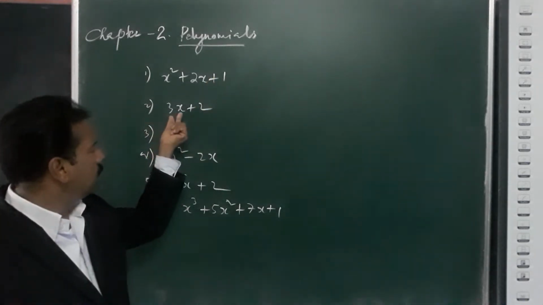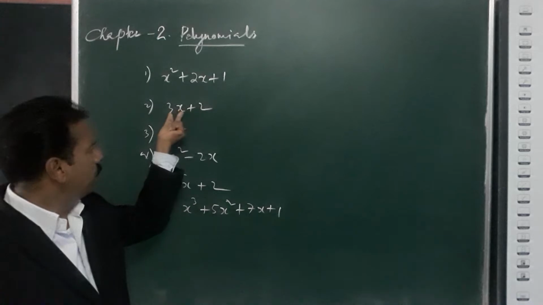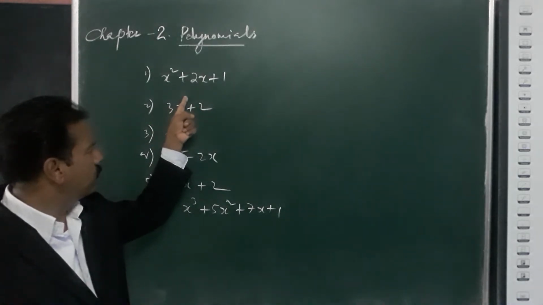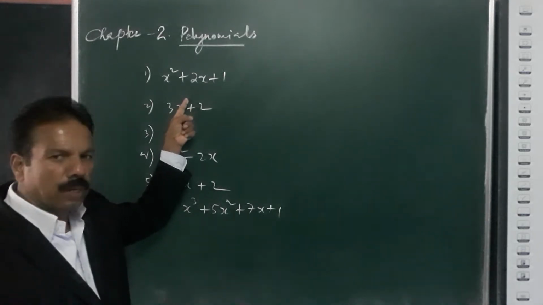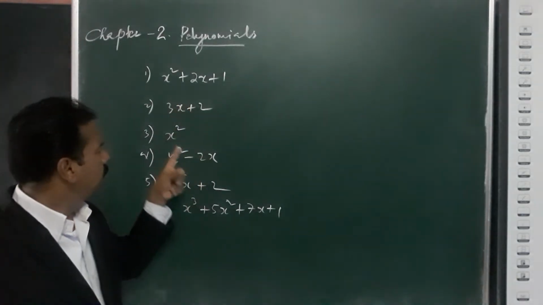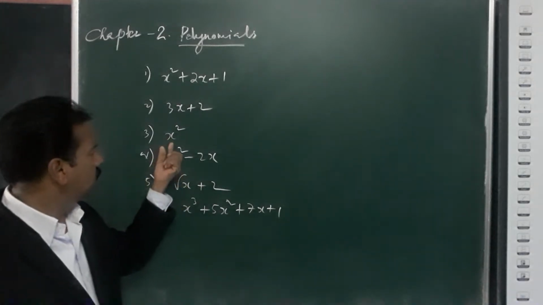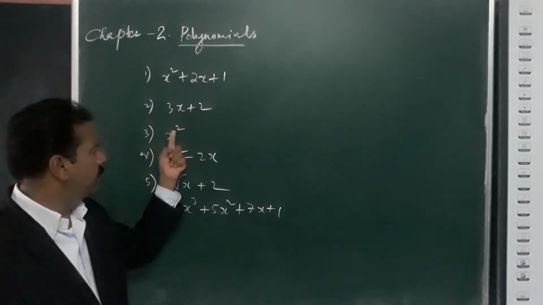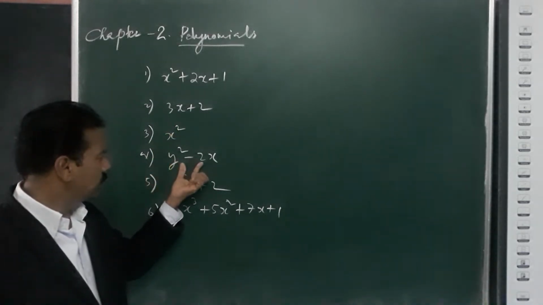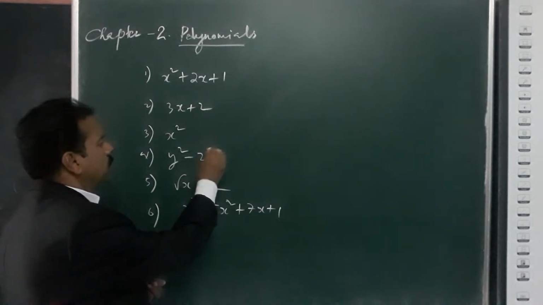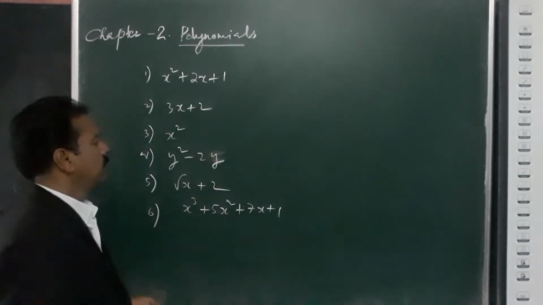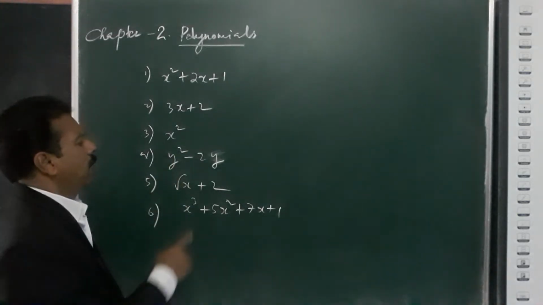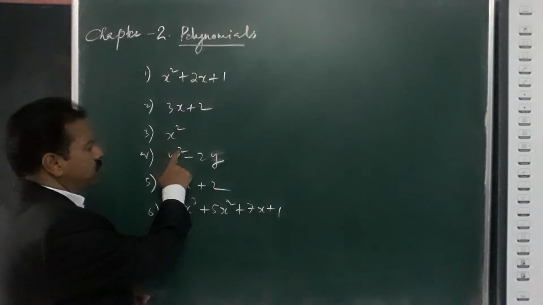But in the second algebraic expression there are two terms, 3x and 2. The exponent of the variable in 3x is x raised to 1. Here only one term, x square, and the exponent of the variable is 2. In y square minus 2y there are two terms, and the highest exponent is 2.